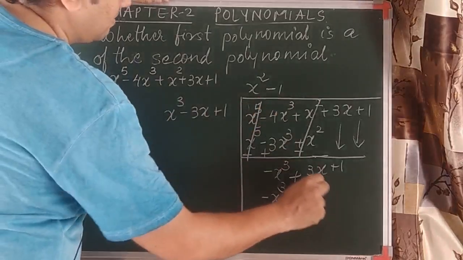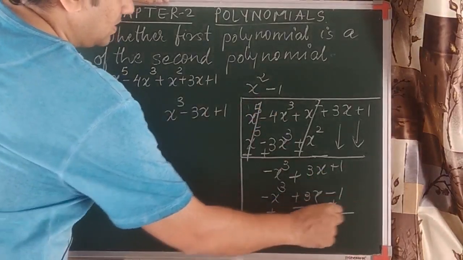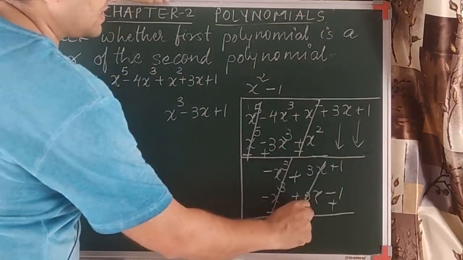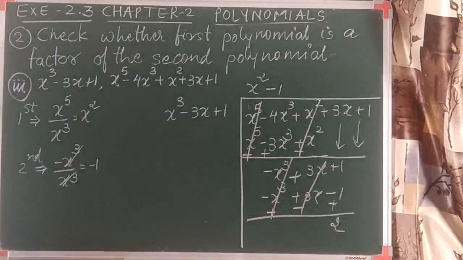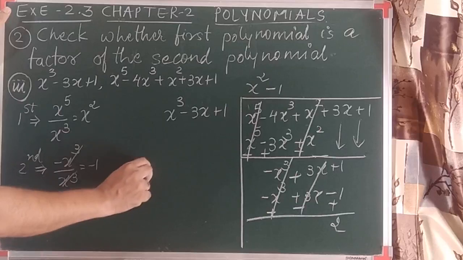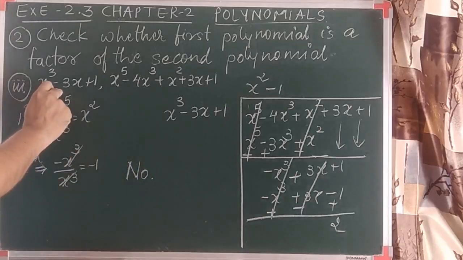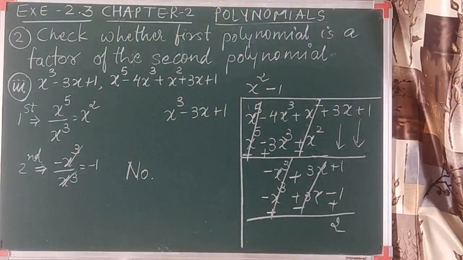Again minus plus minus. Sign change. You can see this term cancel, this cancel. See that both are positive, so it is addition. As we do not obtain 0 as a remainder, we can say no, the first polynomial is not a factor of the second polynomial.